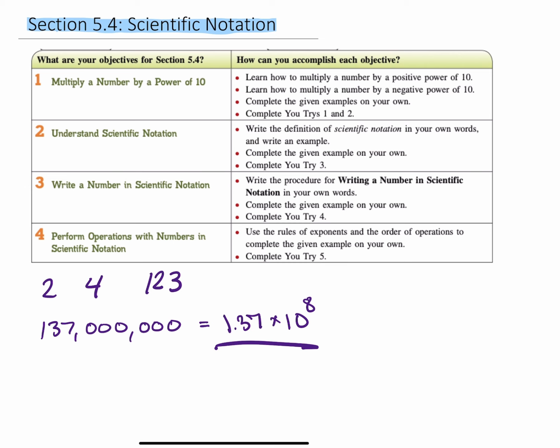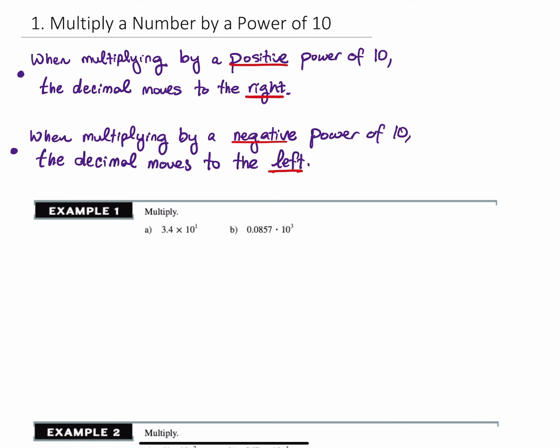First, let's review working with multiplying by some power of 10. We did this a bit in some previous sections when we were trying to deal with decimals in order to express a number without a decimal. If we had it in an equation, we multiplied by some power of 10 in order to move the decimal.